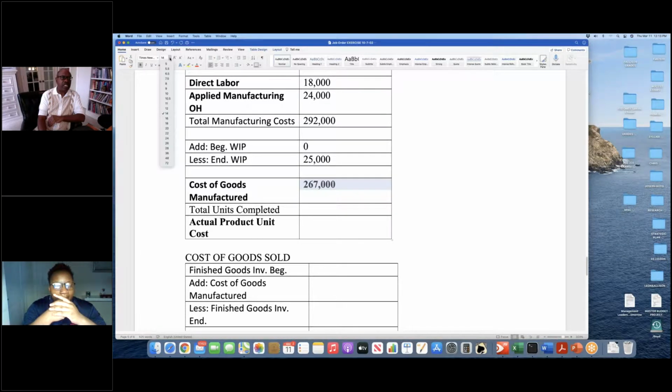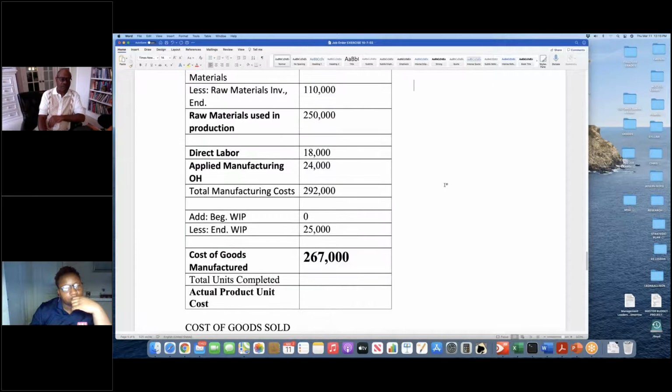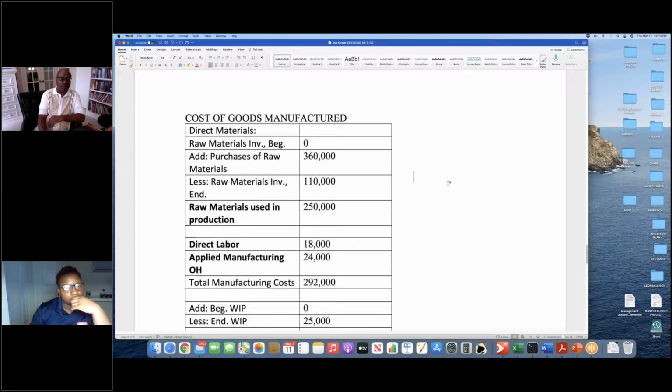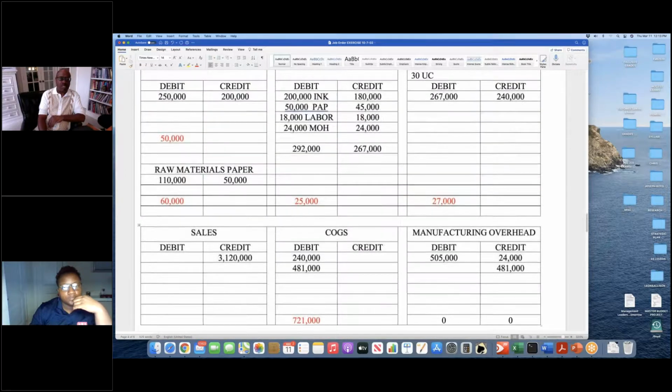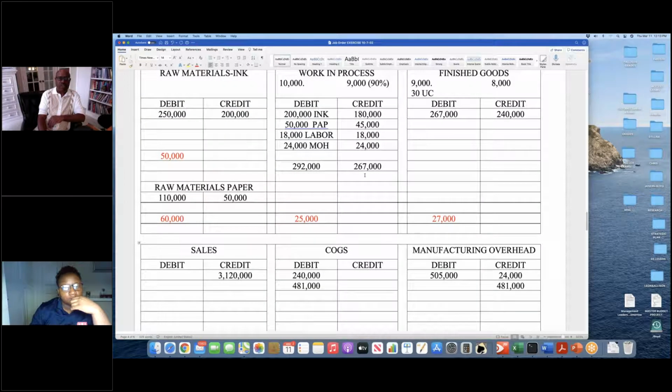And where have I seen this number before? The finished goods, stage 3, when we made this journal entry, making this transfer.